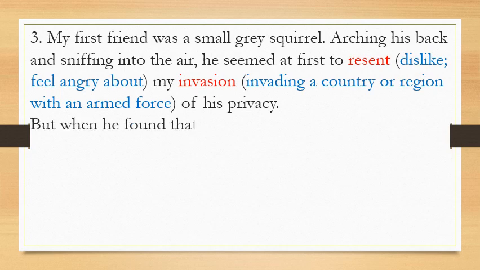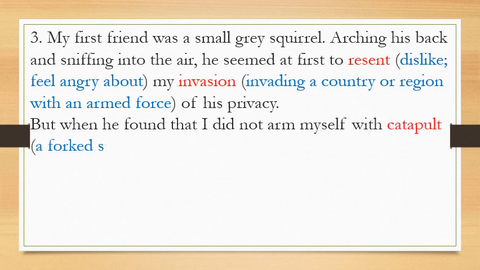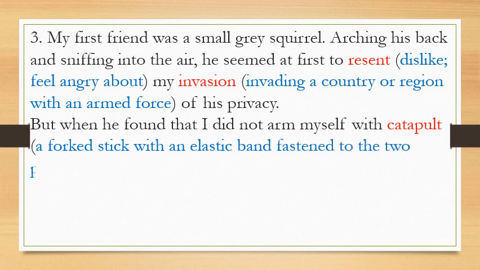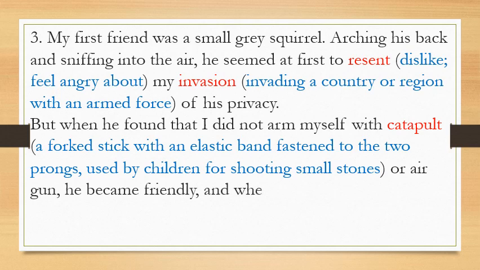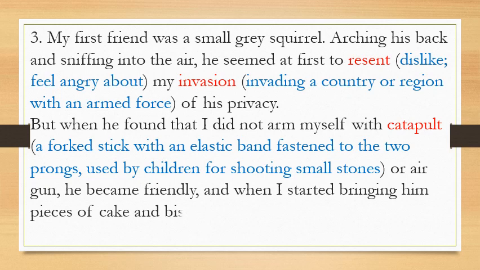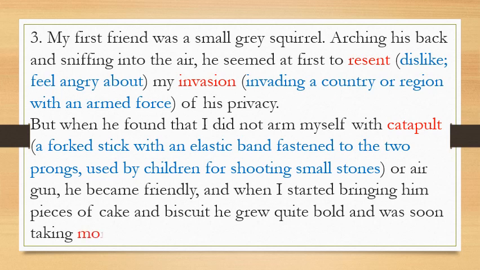But when he found that I did not arm myself with a catapult, means a forked stick with an elastic band fastened to the two prongs used by children for shooting small stones, or air gun, he became friendly. And when I started bringing him pieces of cake and biscuit, he grew quite bold and was soon taking morsels, means small bites of food, from my hand.